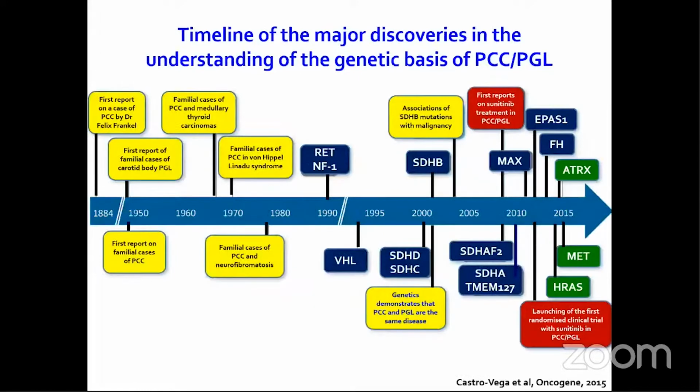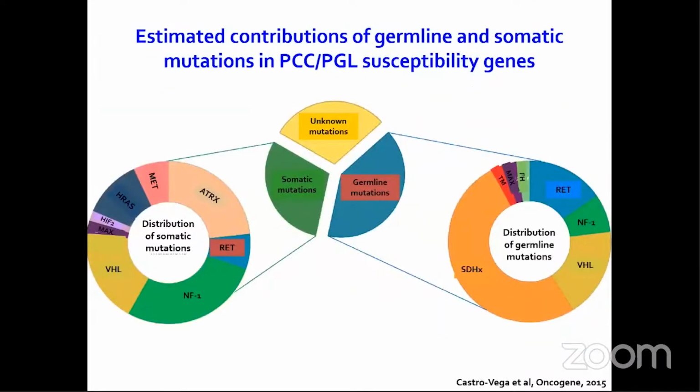A lot of advances have happened over the last few decades where we have moved from just a few clinically known syndromes associated with pheochromocytoma to several somatic mutations associated with PPGL. These advances have made pheochromocytoma and paraganglioma one of the most inheritable tumors.